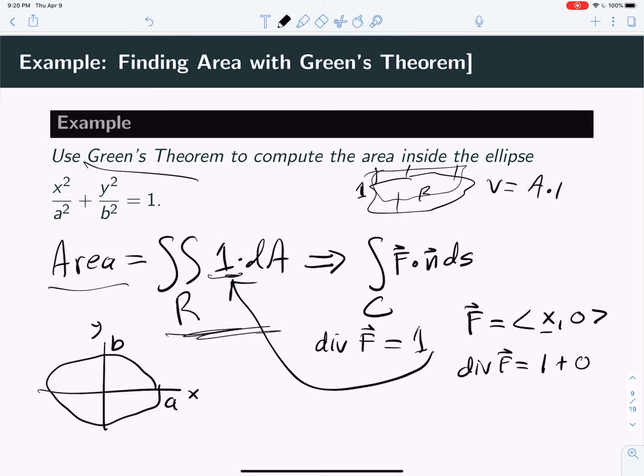So there's a vector field, x comma 0, that has a divergence of 1, and therefore this flux integral right here, the flux of that vector field out of the boundary of an ellipse, will equal the area of the ellipse inside because I've picked the exact vector field F to have a divergence of 1. So it's just a really cute little application of finding area using a flux integral.